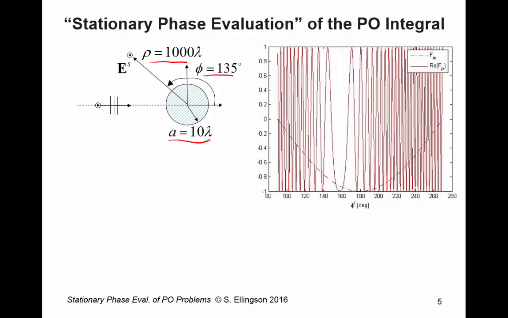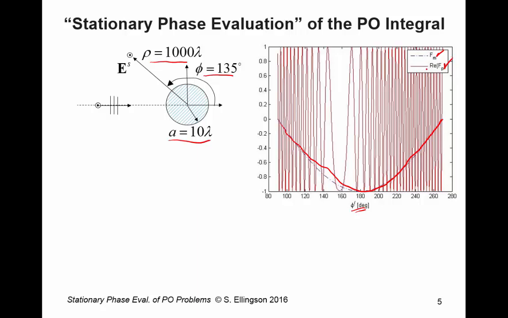Here's a plot of phi prime, the variable of integration, relative to the functional values. For f sub m, the slowly varying part, here is what we see. It is in fact slowly varying with phi prime. But the quickly varying part, f sub p, is this phasor that's spinning around.